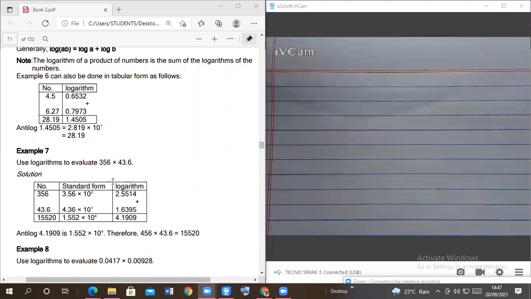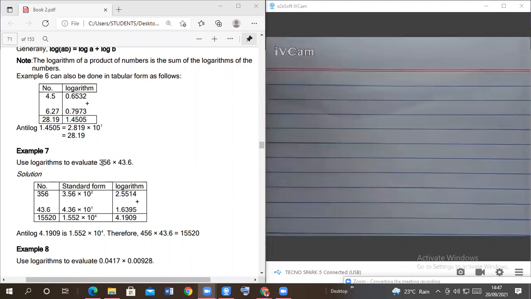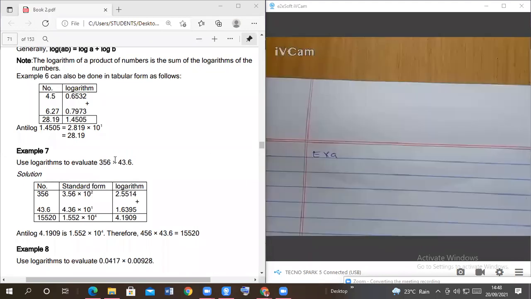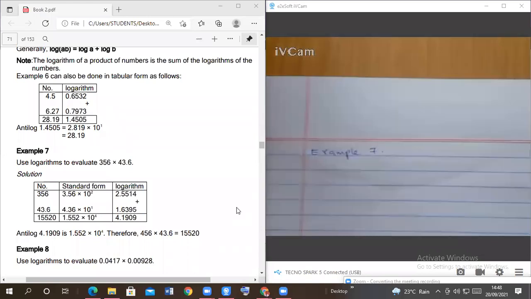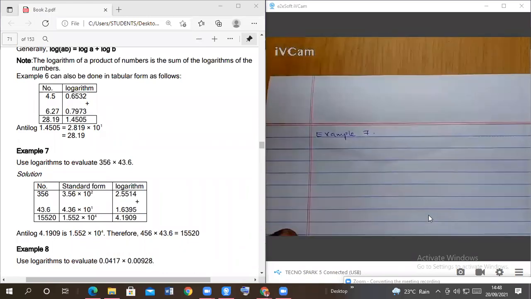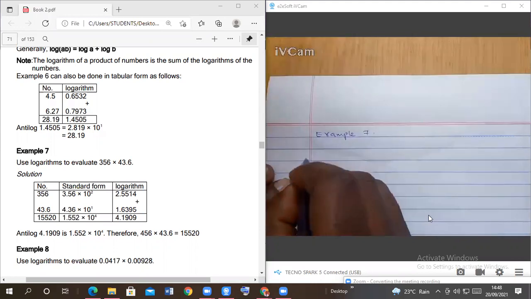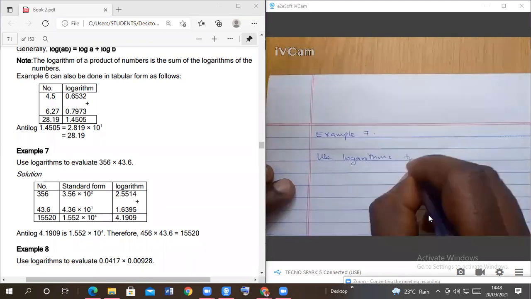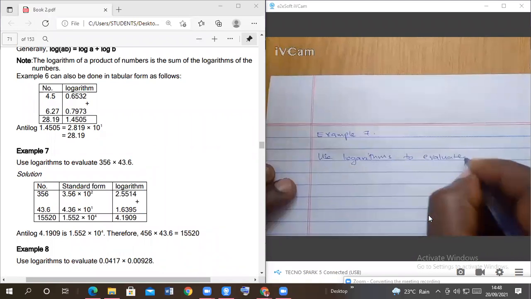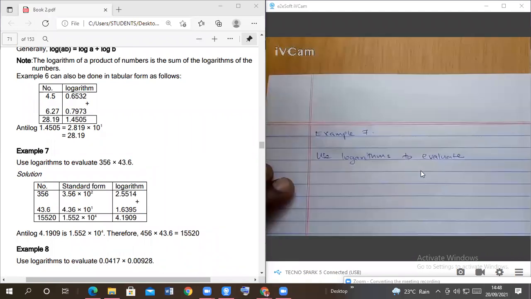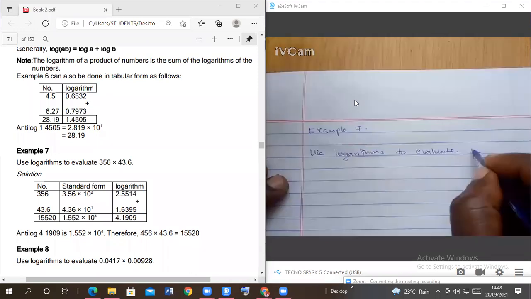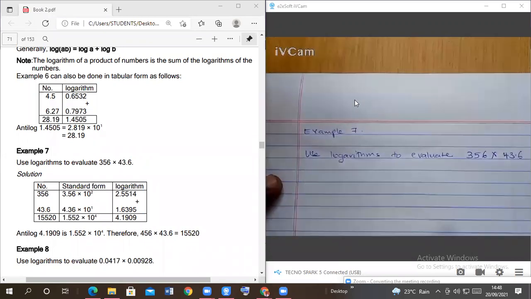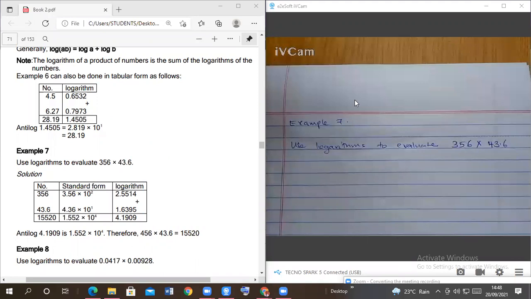Example 7 is saying that use logarithms to evaluate 356 times 436.